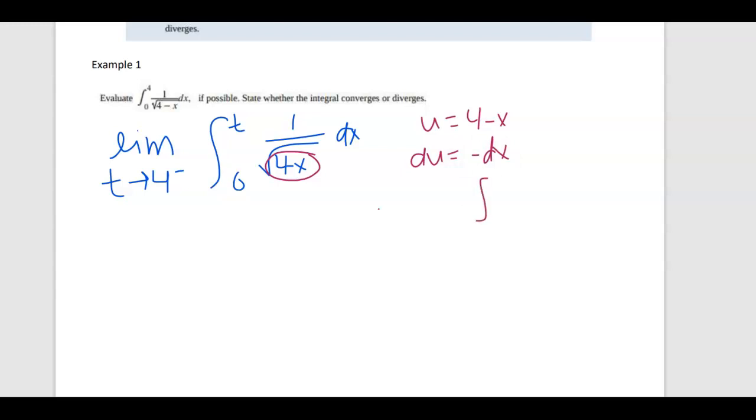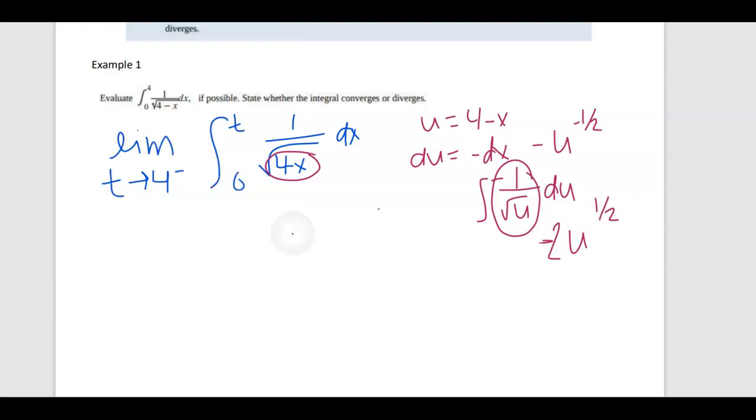And so I would be looking at the integral of 1 over square root of u, and negative, with du. That would be negative u to the negative 1/2. And so if I took the antiderivative of that, I would have u to the positive 1/2. Dividing by half is the same as multiplying by 2.